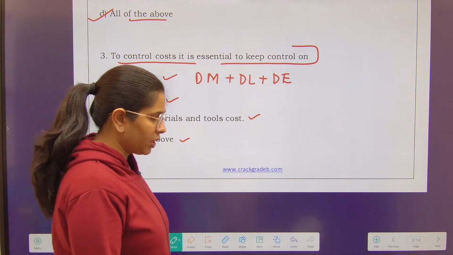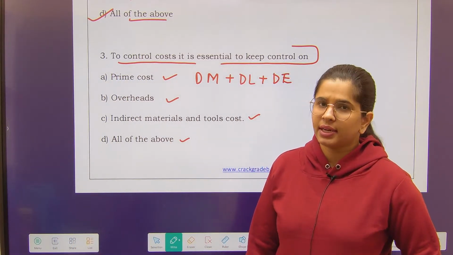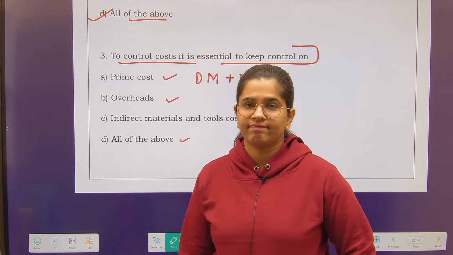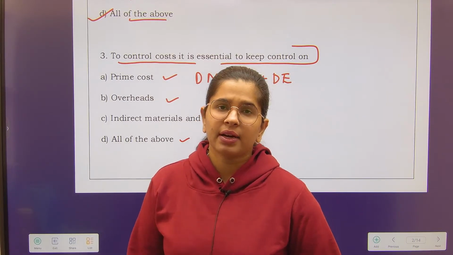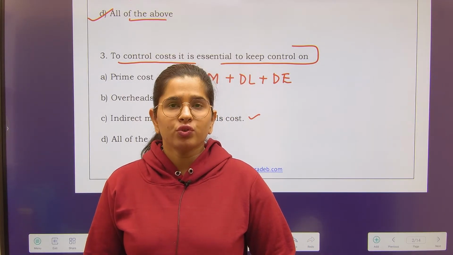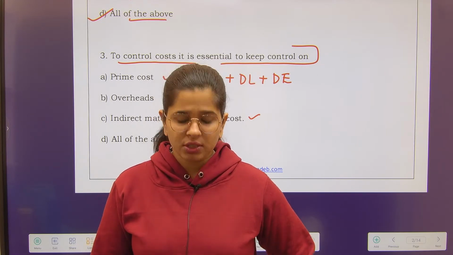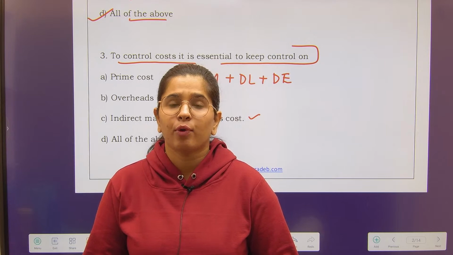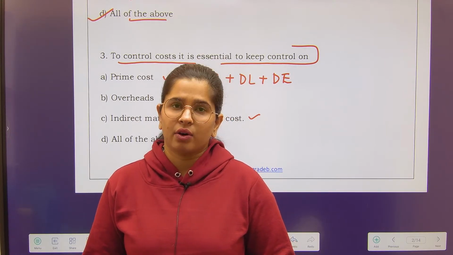Now, remember this particular thing. Whenever you are making any product, direct material and direct expenses, you cannot avoid them. They will be incurred as much as they are required. But if you want to control the cost of any product, what you should have proper control over is overheads. Overheads are indirect costs.